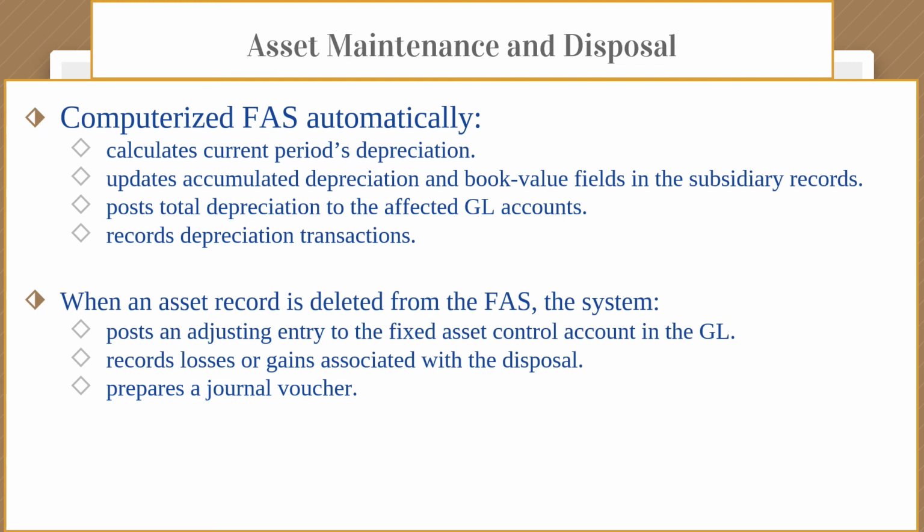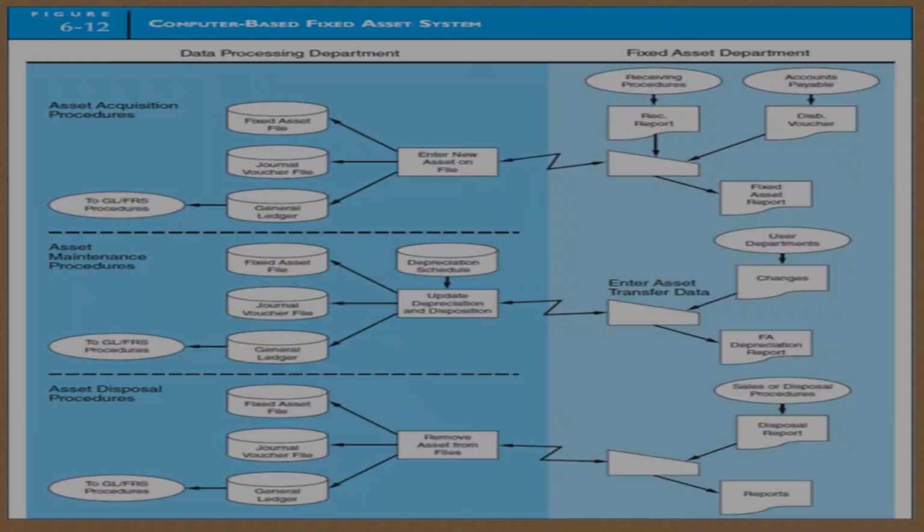When an asset record is deleted from the fixed assets system, the system automatically posts an adjusting entry to the fixed assets control account in the general ledger, records the losses or gains associated with the disposal transaction, and then prepares a journal voucher of the disposal activity.